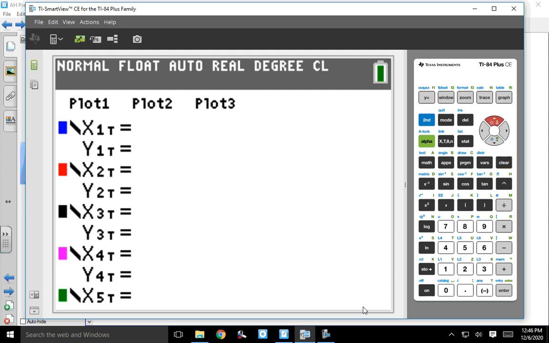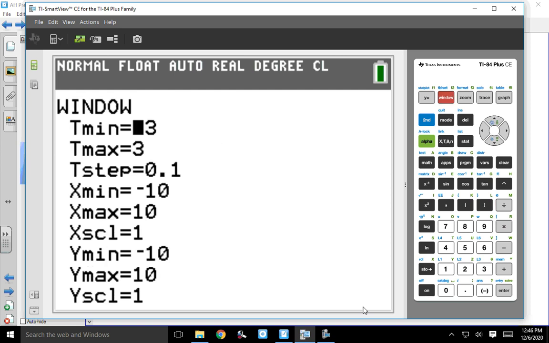In your y equals menu now, you've got an equation for x and an equation for y. So we are all set to type in 5 cosine of t for x1, and for y1 it's 7 sine of t. All right, so we got our equations put into x1 and y1 on our calculator. So now, if we go to our window, we need to set what our t values are going to be.